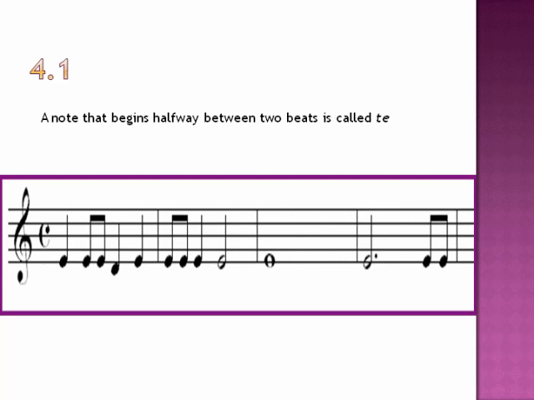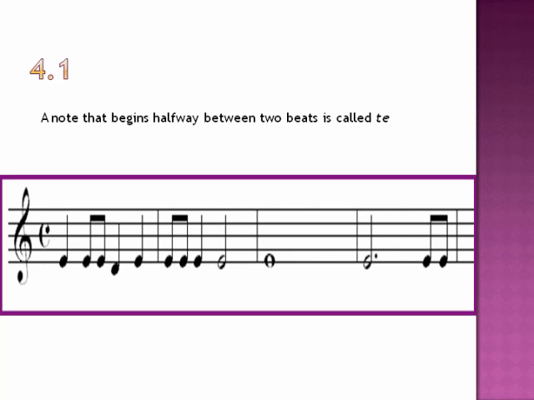I don't think you have to do any of these, but a note that begins halfway between 2 beats is called te in the Eastman system. This really has to do with eighth notes. It takes 2 eighth notes to equal 1 quarter note. So that's 2 equal sounds on the quarter note.